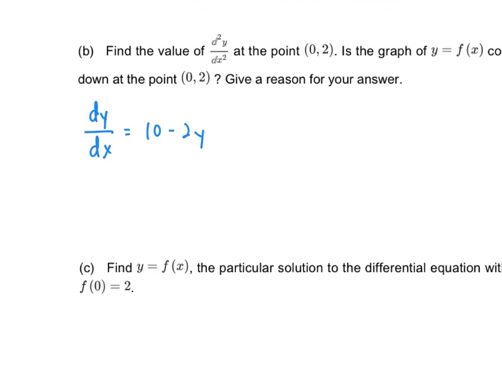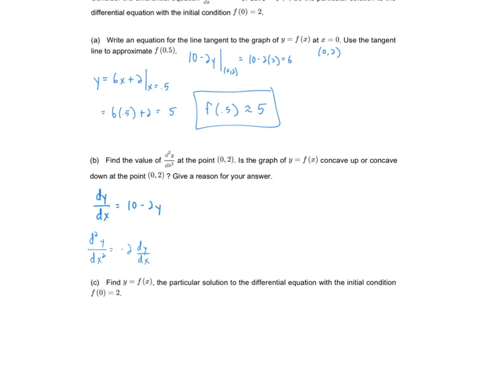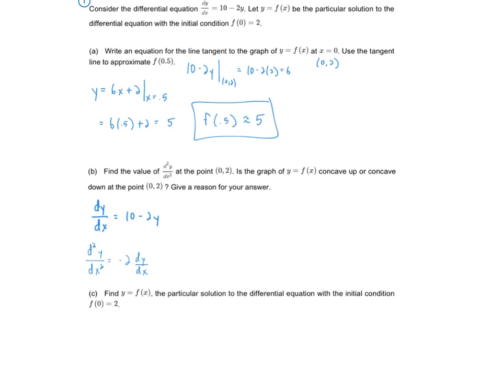If we take the second derivative, this is just negative 2 times dy dx. We already know dy dx at that point from the previous one is 6.